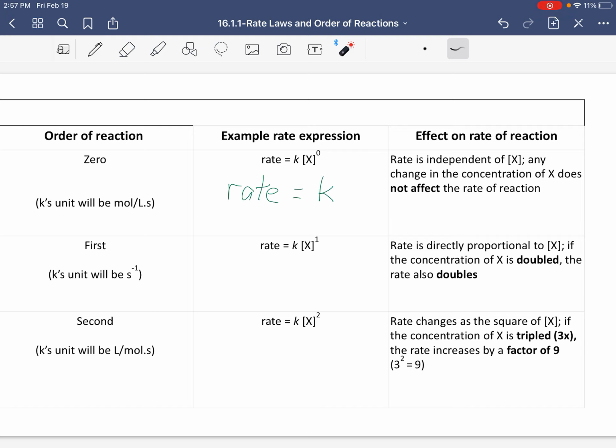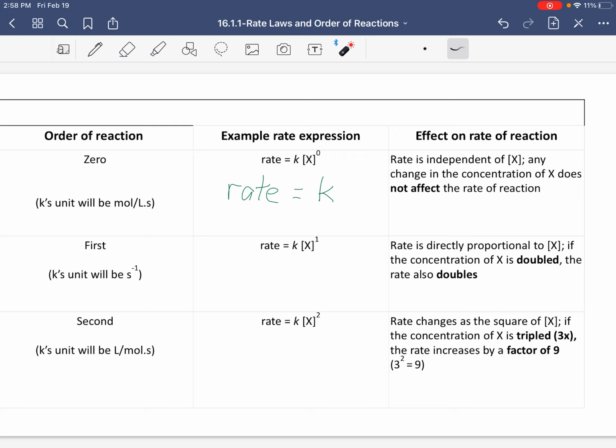It is just whatever the reactant is, because it is to the power of 1, which makes it first order.